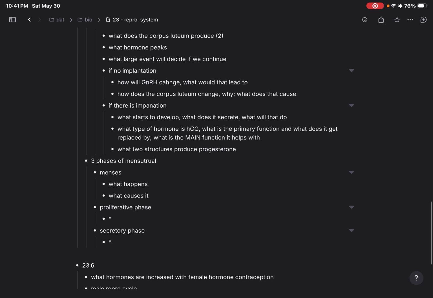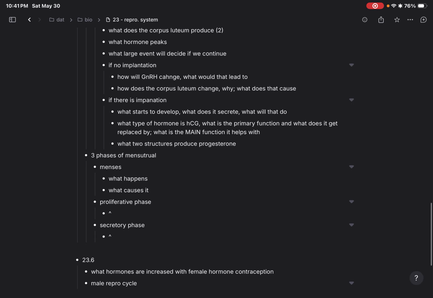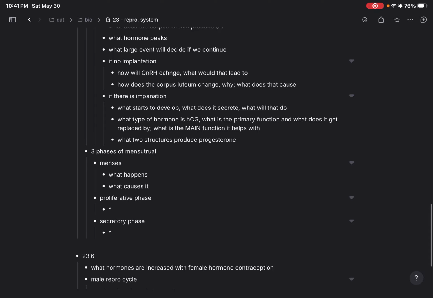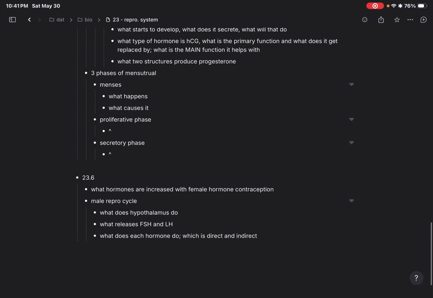What type of hormone is HCG? I believe it's a peptide hormone. What is the primary function and what does it get replaced by? You use it for pregnancy tests. Three phases of the menstrual cycle. There's menses, which is when you shed the menstrual layer. So what causes it? It's a good question.